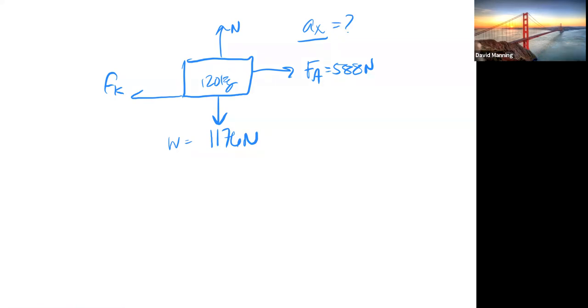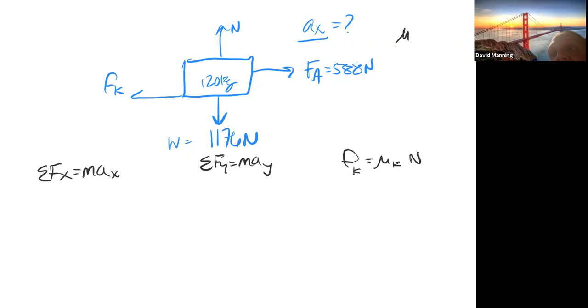So we go to our three equations again. Sum of the forces in the x equal max. Sum of the forces in the y equal may. Fk equals mu k times the normal force. Well, mu k, if you remember, is 0.3. Let's go to the x again. Our goal here is ax.